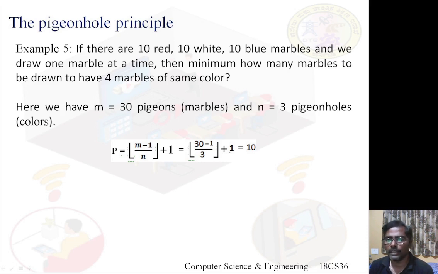Substituting 30 for m and 3 for n in the expression, I get P to be 10. So a minimum of 10 marbles should be drawn to get 4 marbles of the same color.